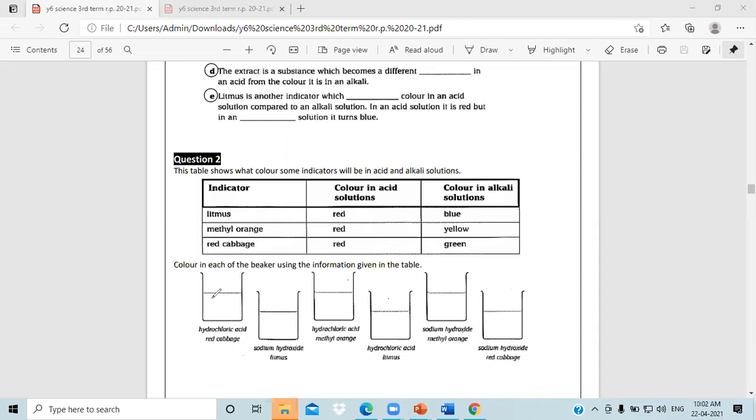Mariam, are you talking? This is lagging. Mariam, are you there? There is something wrong with the voice, Mariam. Can you hear me? It will turn what? The hydrochloric acid with the red cabbage.